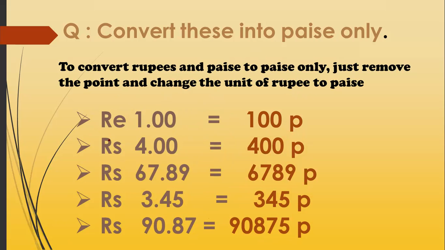Here you can see rupees 1.00 is given, and what we will do, we will just remove the point from here and write 100, and in place of rupees we will write P.